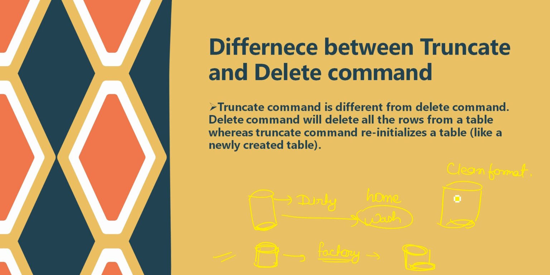At home, we clean some part of the bottle and some part remains dirty, right? And we can see that the new bottle is completely new. It is shining very new, right?